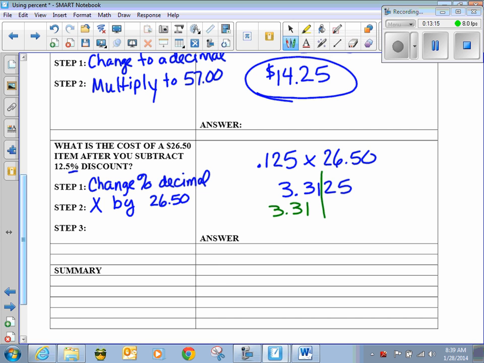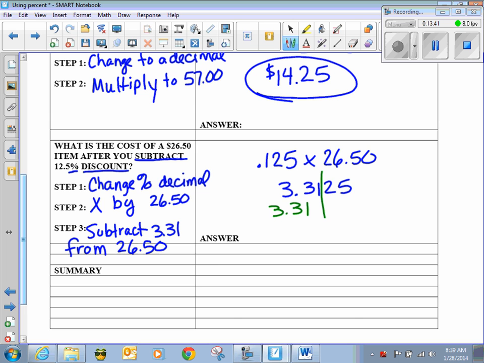And step 3, now, because it even says it in the problem, discount means subtract. So I'm going to subtract the amount of my discount. In this case, it's 3.31 from 26.50.